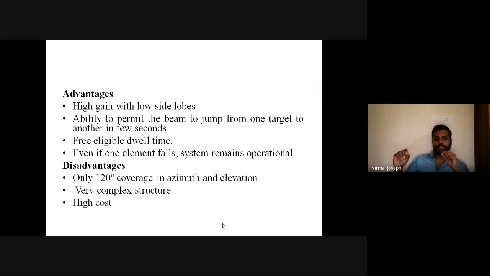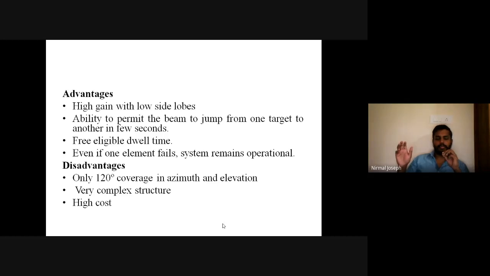Free dwell time. That means we can hold the beam in a particular direction for as long as we want. Suppose you want to steer the beam for 10 hours or for 10 seconds, that is also possible.